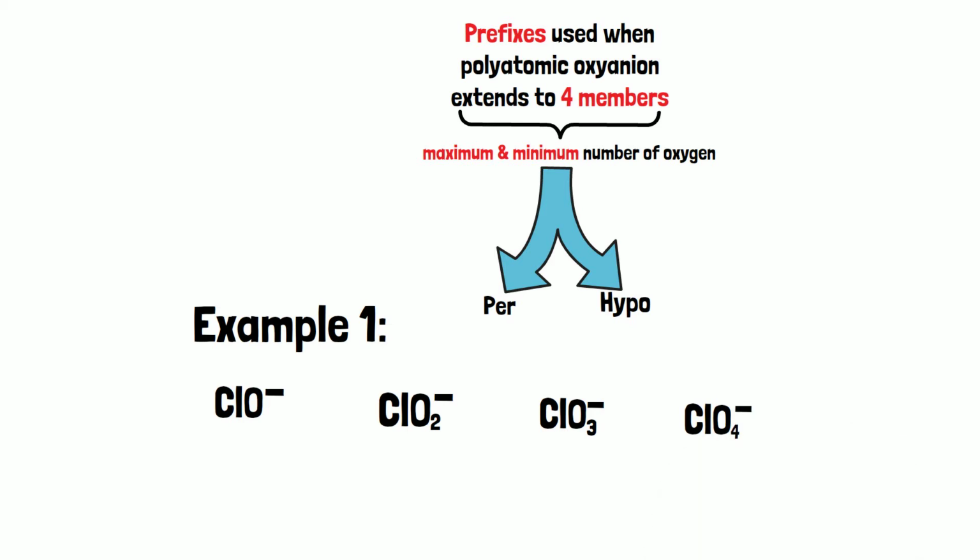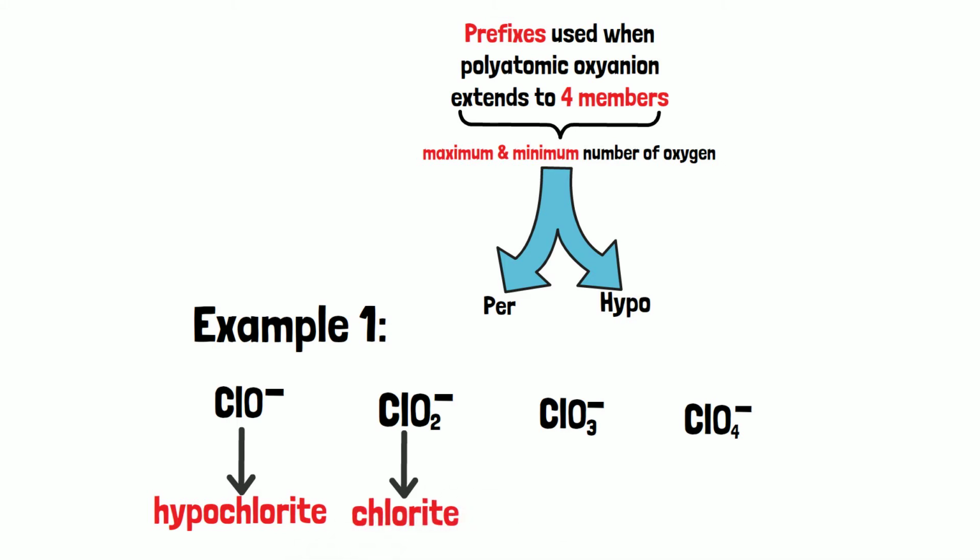When it comes to naming these, we're going to use a combination of the first and second tip we talked about, meaning we will use ITE to indicate ions with fewer oxygen atoms and ATE to indicate ions with more oxygen atoms, and add in the prefixes where needed. ClO- is named hypochlorite and ClO2- is named chlorite.